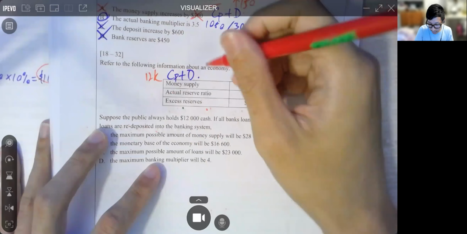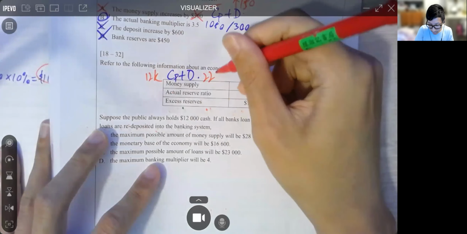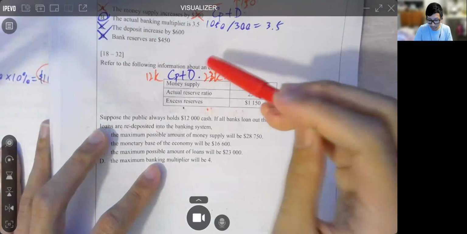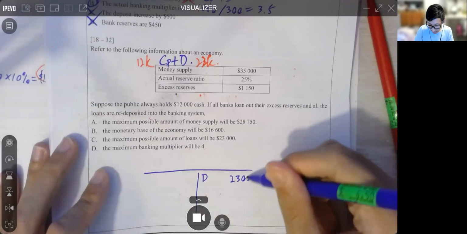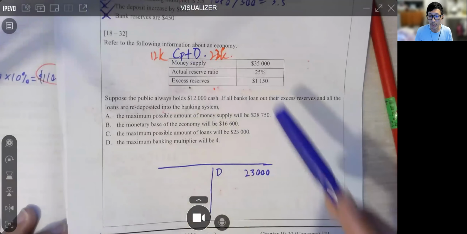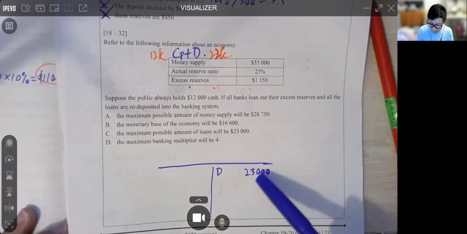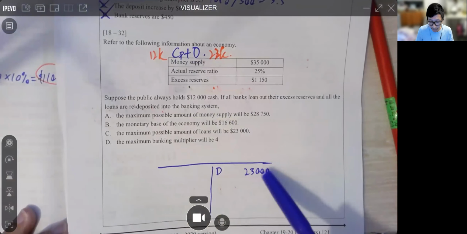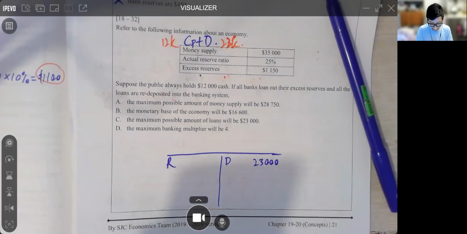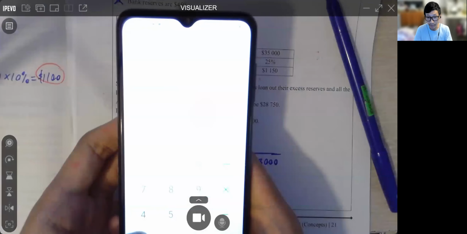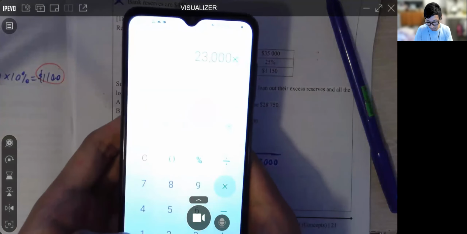Therefore, we know the original deposit 23K 係咪？Okay, so here deposit 23000. 佢話而家啦，actual reserve ratio is 25% of this amount. So reserve would be 23000 times 0.25. Okay, 5750.